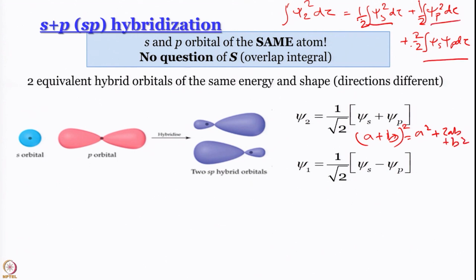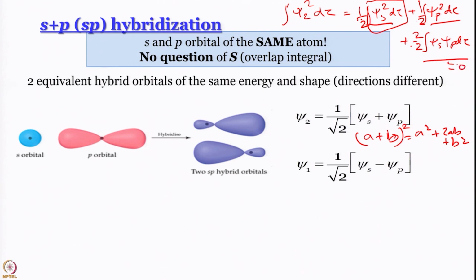But now we are talking not about any a and b, we are talking about orbitals. So now see this integral here, what is this equal to? Integral psi s square is equal to 1, because psi s by itself is normalized. So this thing becomes half. For the second one, again psi p is normalized, so this thing becomes half. And here psi s and psi p, remember, are orthogonal to each other, so this integral will be equal to 0.